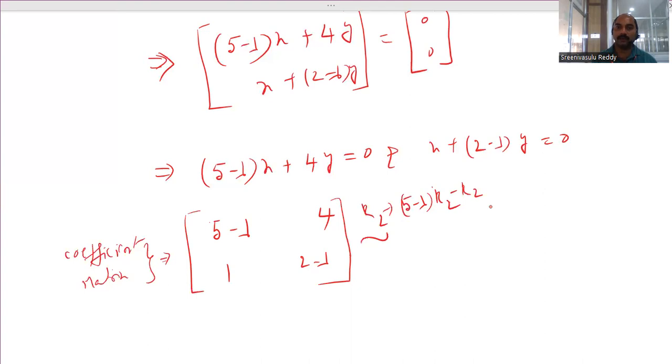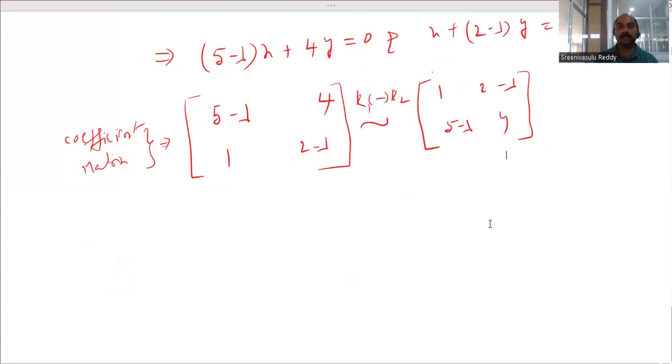Sorry, R1. If you have any confusion, interchange the first rows, because in the first row you are always better to make it 1. R1 interchange with R2. 1, 2 minus lambda, 5 minus lambda, 4.